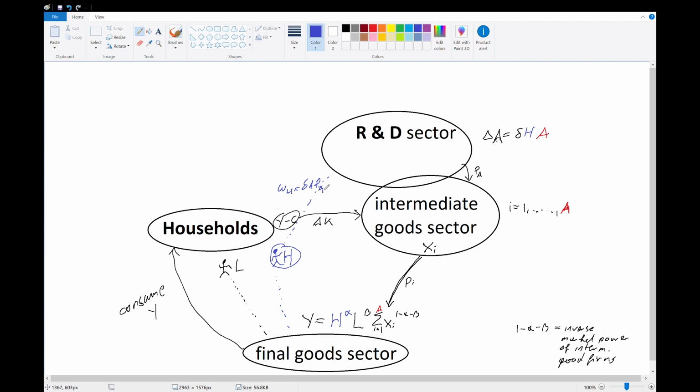That means we can increase the wage rate of human capital in the R&D sector. And this R&D sector competes with the final goods sector, where human capital has a certain marginal productivity alpha. So this is the positive side of market power in the model: market power gives an incentive to invest more into the creation of new designs.